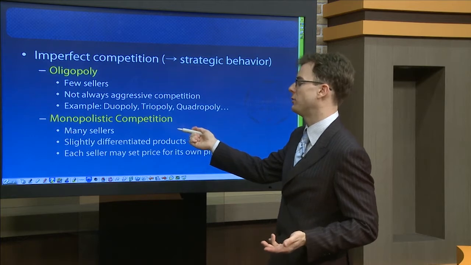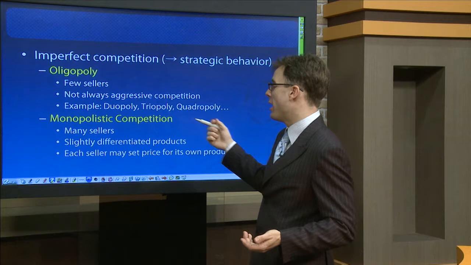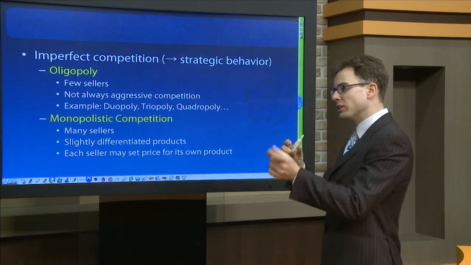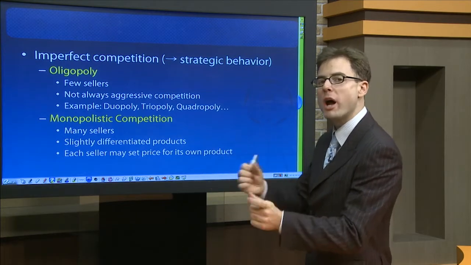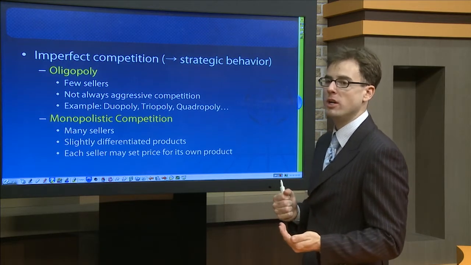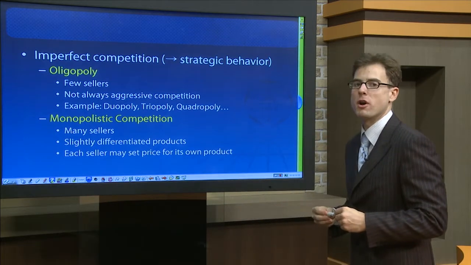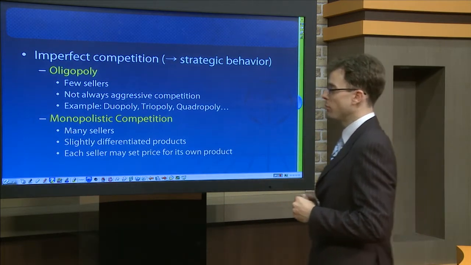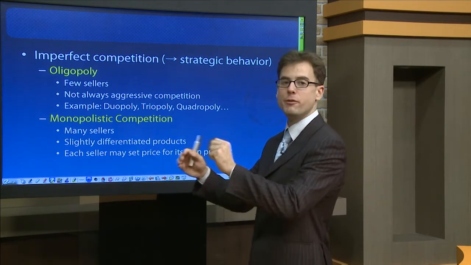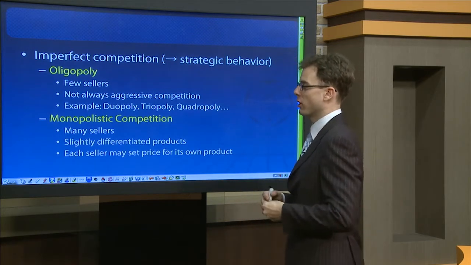In that kind of industry, we still assume that there are many producers, many consumers, but each producer sells a slightly differentiated product. And because there are differences between products of different companies, each company still has a little bit of market power and can choose a price which is a little bit different from a competitive price. So because products are differentiated, consumers are not indifferent between individual products, and each producer has a little bit of market power.